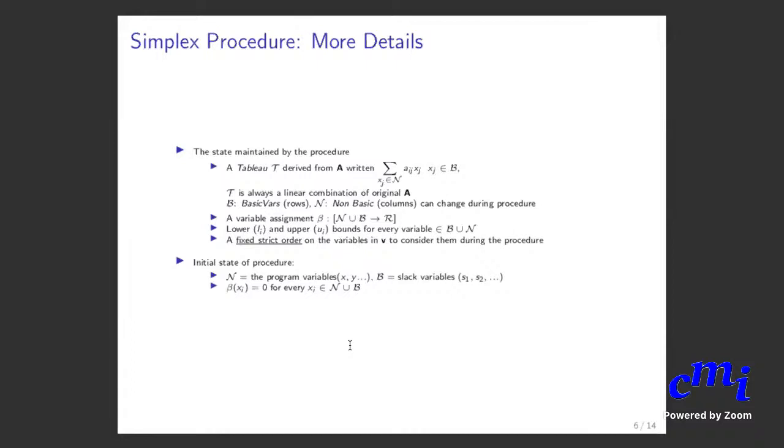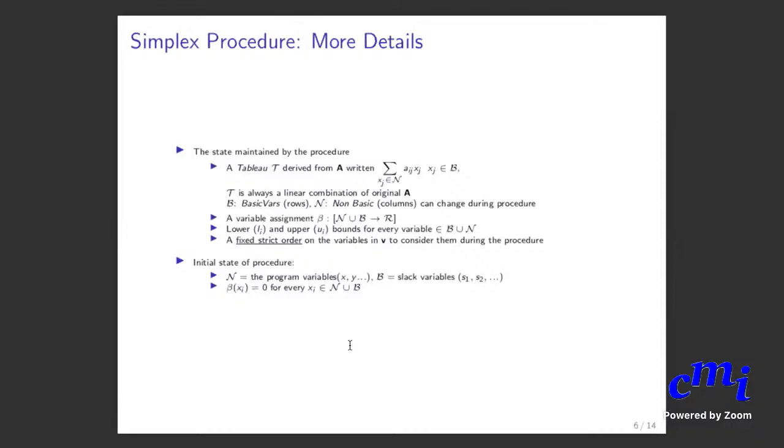The tableau can change because the set of non-basic and basic variables keep changing throughout the simplex procedure. Each row in this tableau is a linear combination of the original equations, so the current basic variable is defined as a linear combination of the non-basic variables. B is the set of basic variables, and N the non-basic variables. Once you fix these, this tableau is uniquely defined.